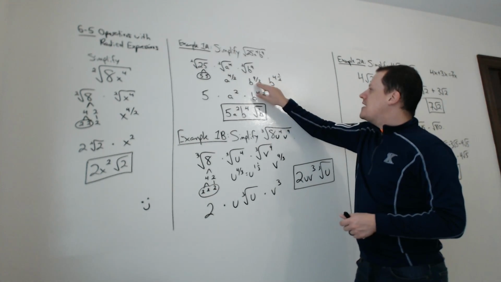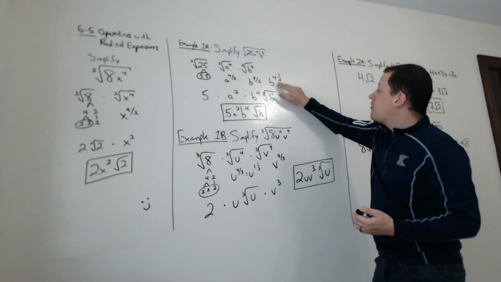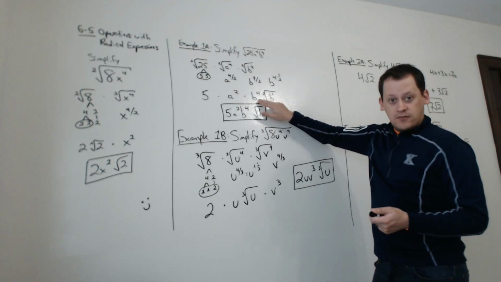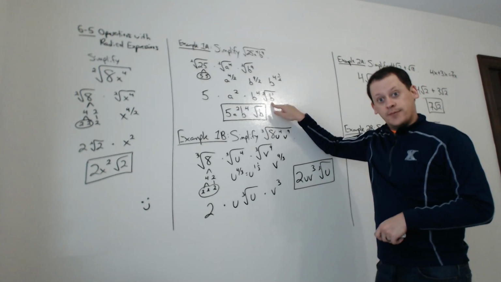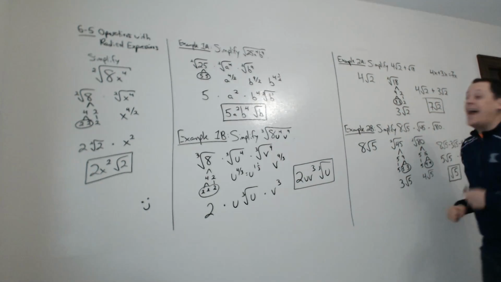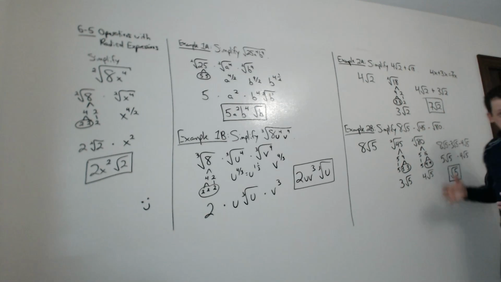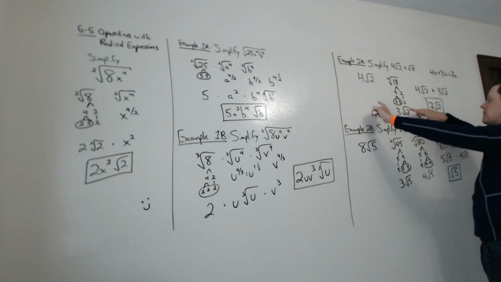Sometimes you get exponents that don't quite work. Write them as a mixed number. Write the whole number part, like this, and the fraction gets put back into a root. Okay, so we dealt with that with these two. And then we talked about if you're adding or subtracting things, break down each term separately, like we did here.